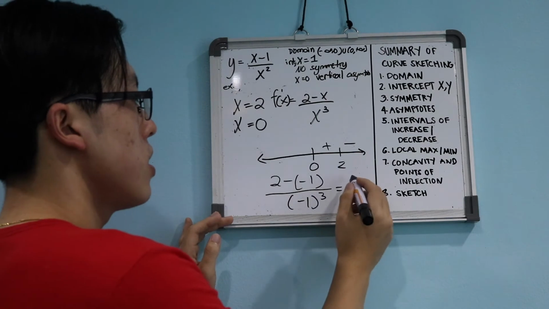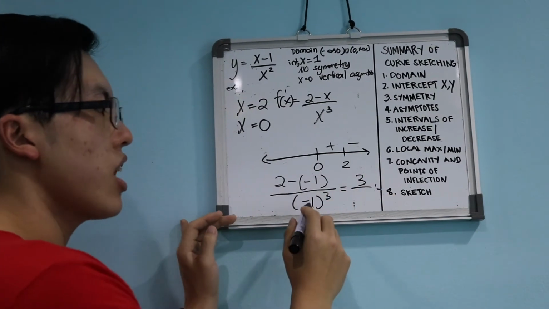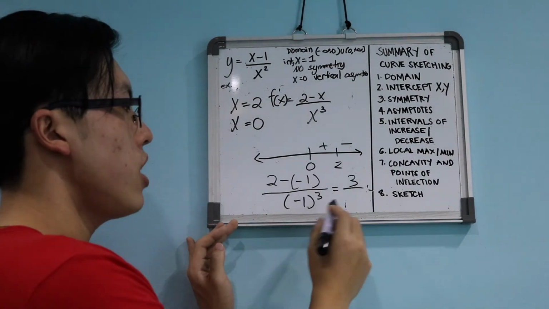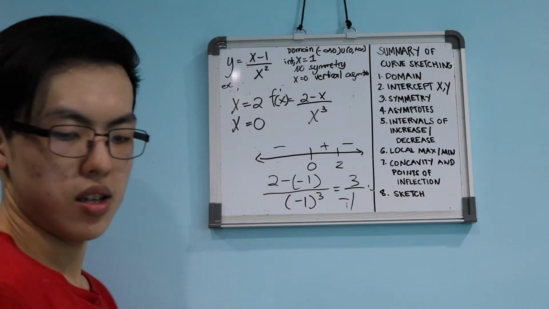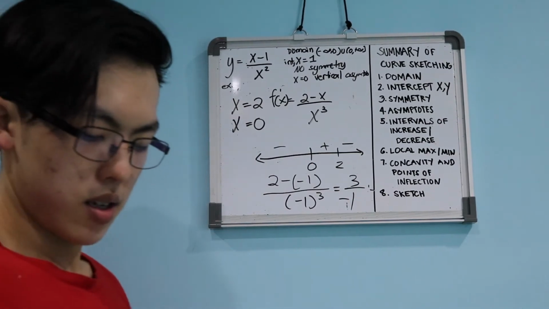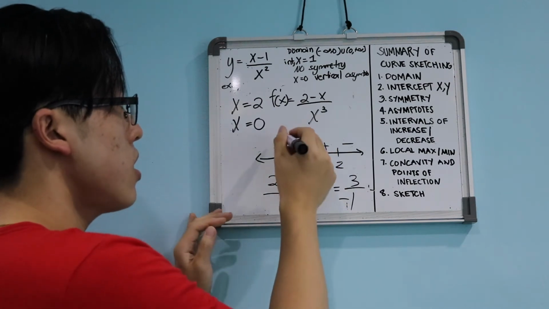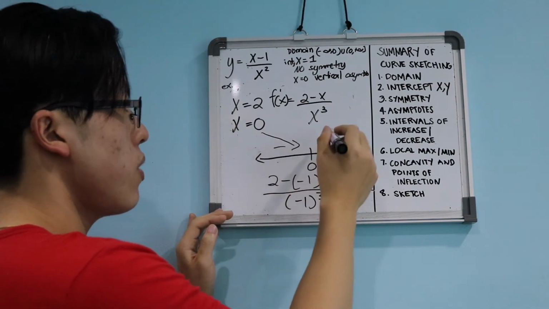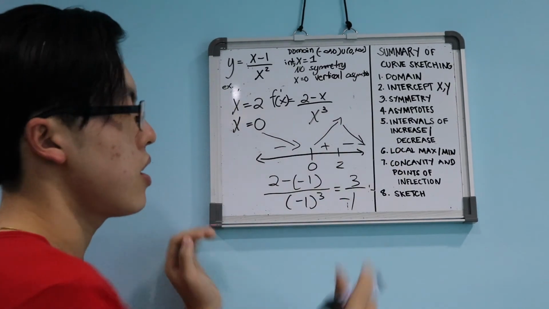So 2 plus 1 is 3, and negative 1 to the power of 3 is still negative. So the answer is negative. And we know that if it is negative, the function is going down, and when it is positive, it is going up.